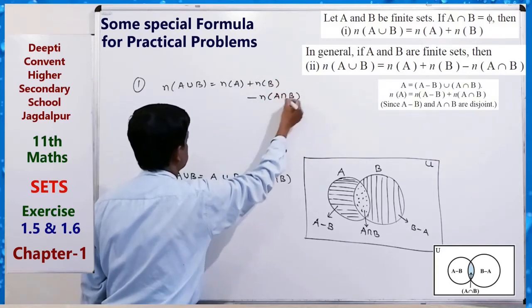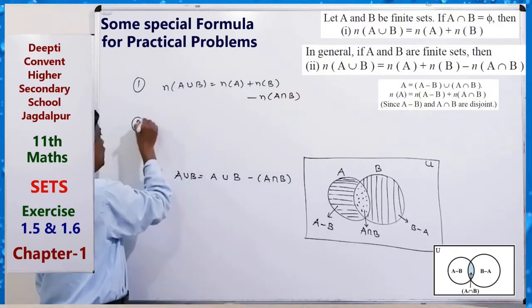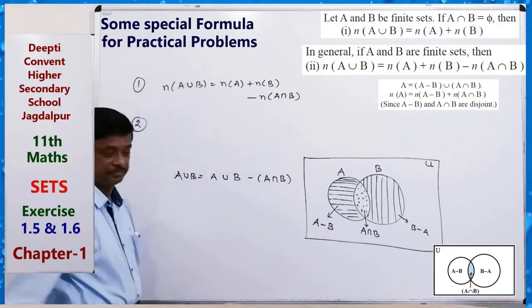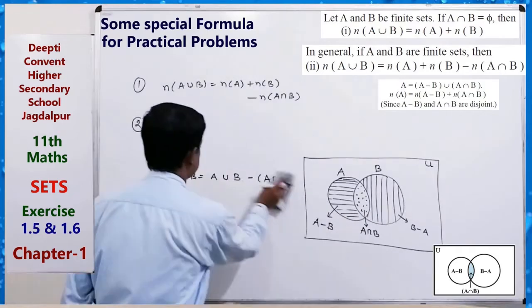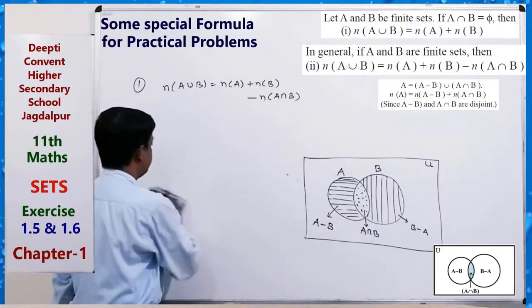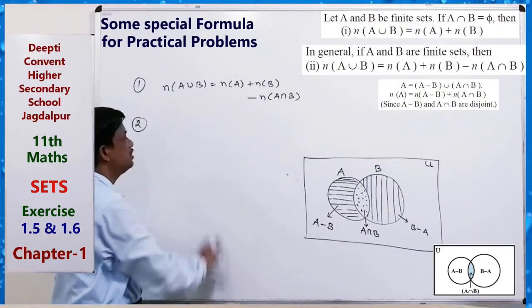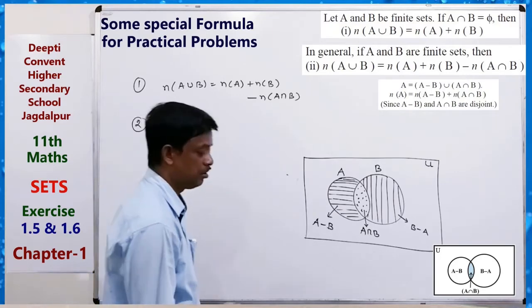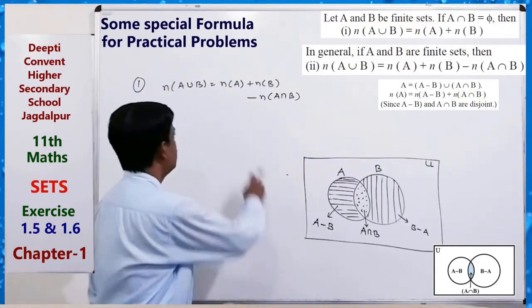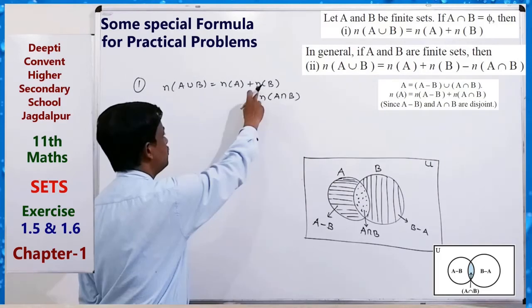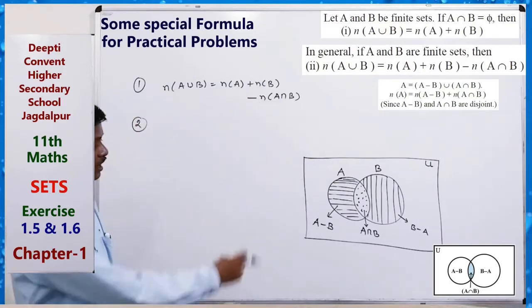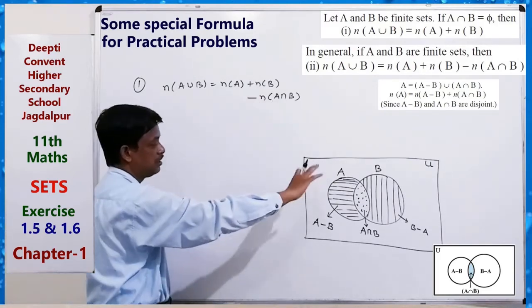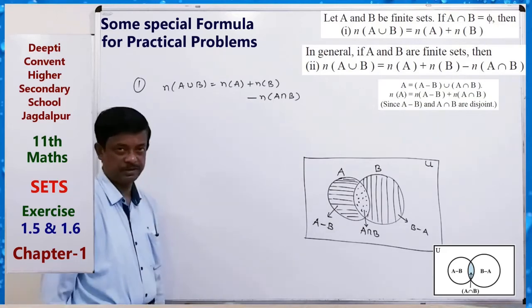One time subtraction. Okay, one time. This is the first formula. A union B means all of A and B. n(A) means the number of elements in A. n(B) means the number of elements in B. And n(A intersection B) is the common elements.